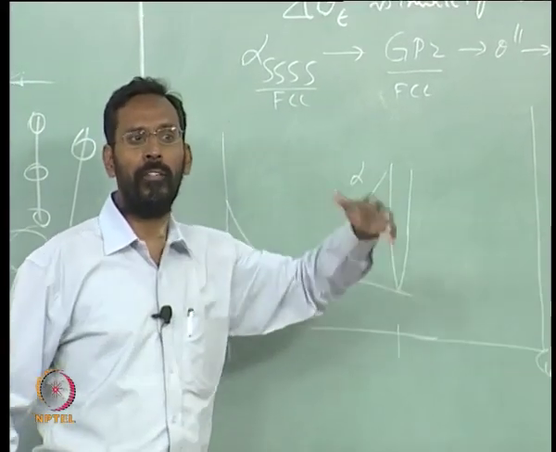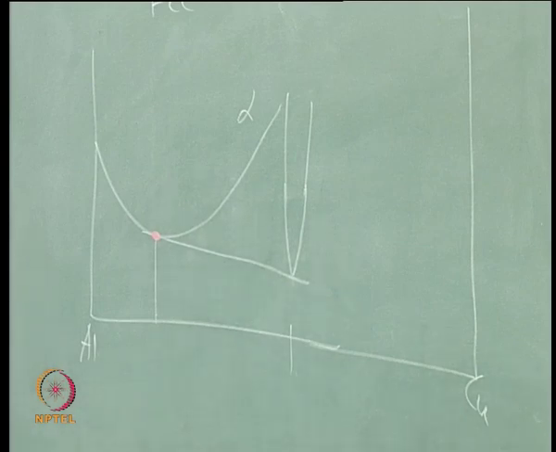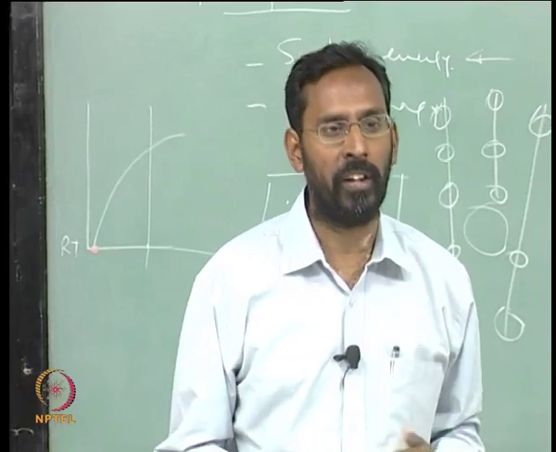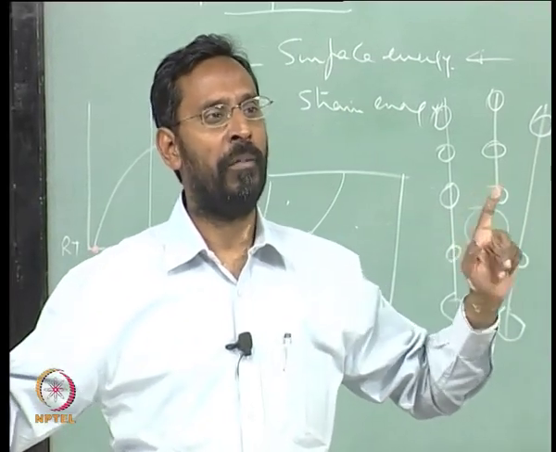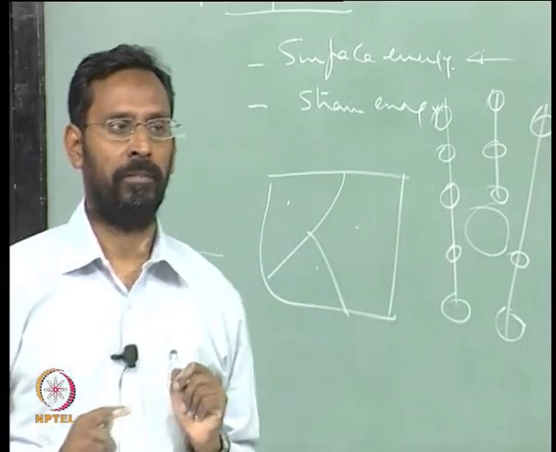if I want to draw the free energy composition diagram for the GP zones, how will I draw it? It will be the same curve extended towards the pure copper side. There will be no separate free energy curve for the GP zones, because they have the same structure. Whenever there are two phases with the same structure, they will have the same free energy curve.